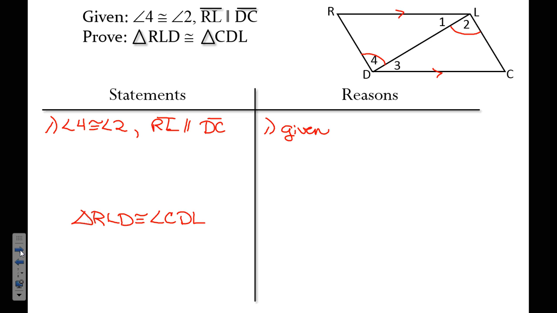1 and 3. Why, Piper? Awesome. Angles 1 and 3 are congruent because they're alternate interior angles.